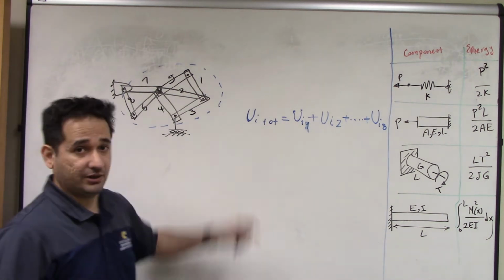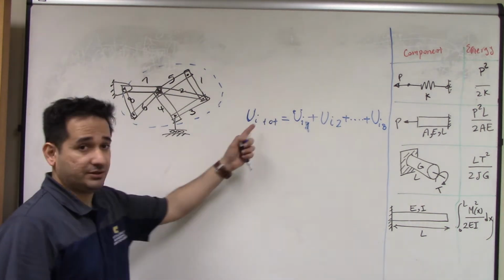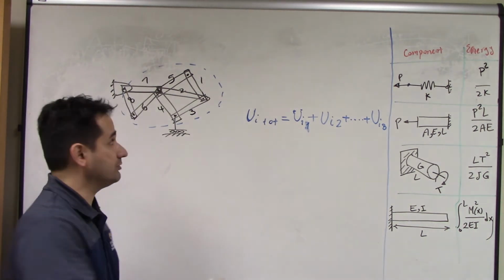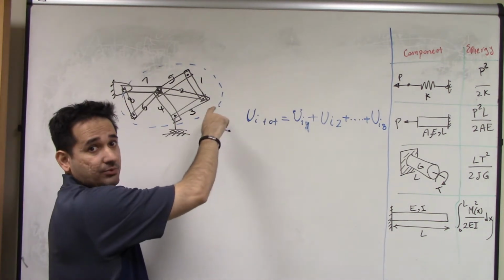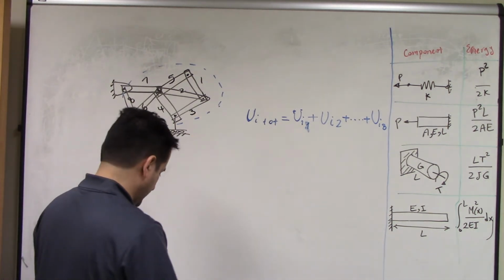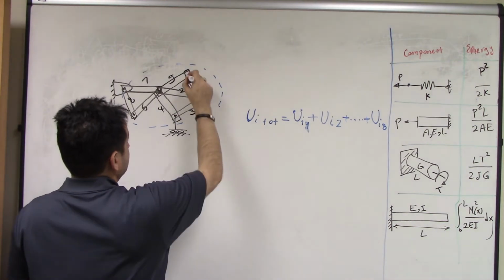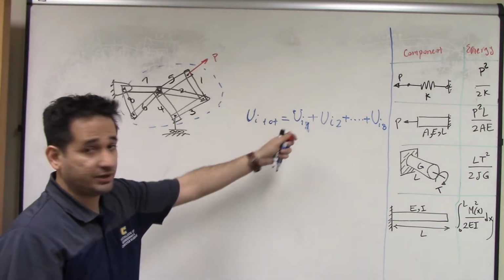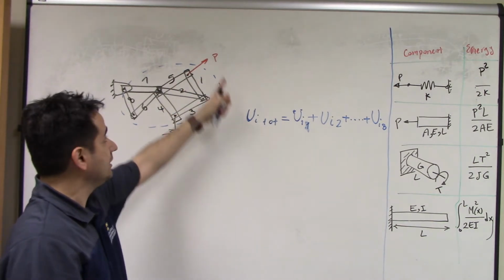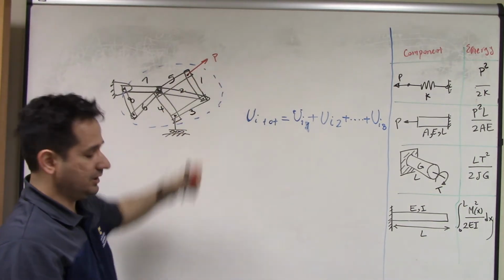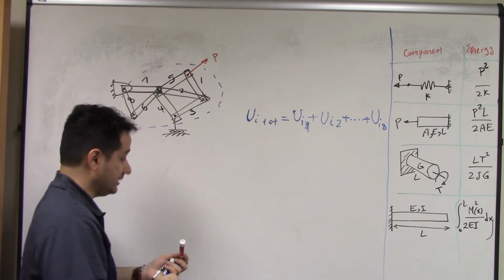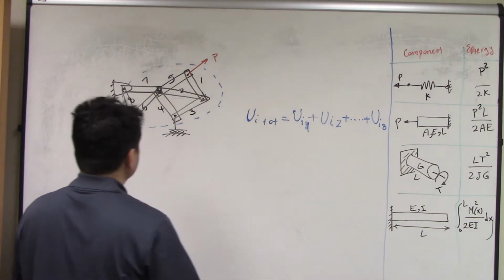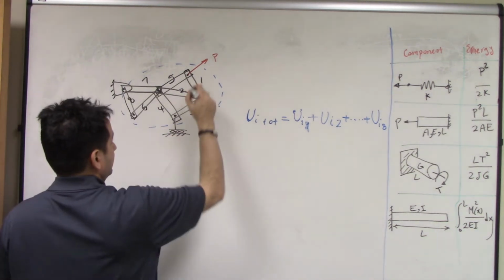Once we find internal energy, then we take derivative with respect to a force that is applied at a point. For example, here, if we apply a force P, find the internal energy, then take derivative of this with respect to P, it is going to give the deformation or the deflection of the system.